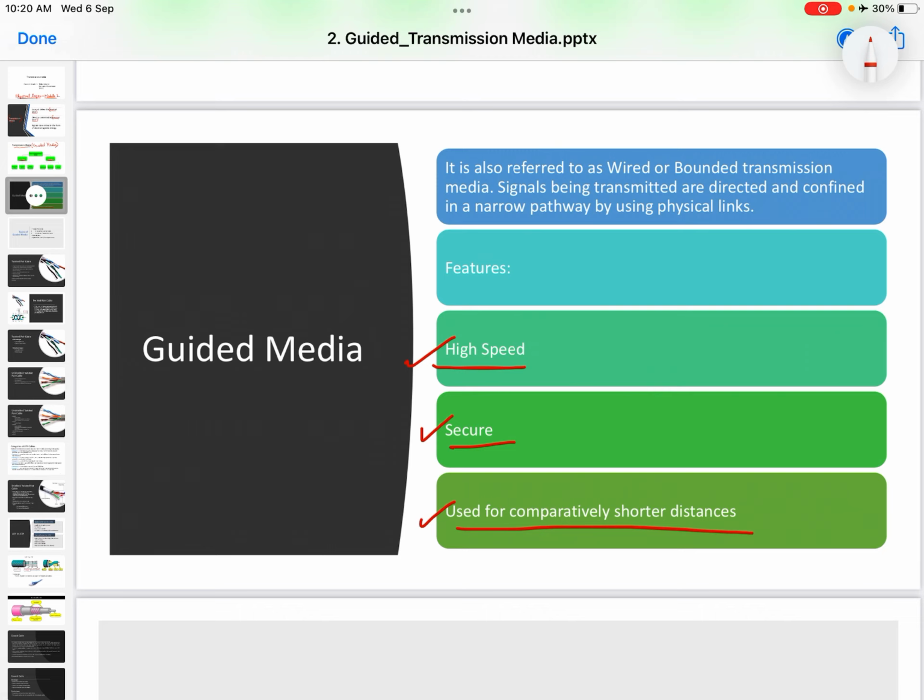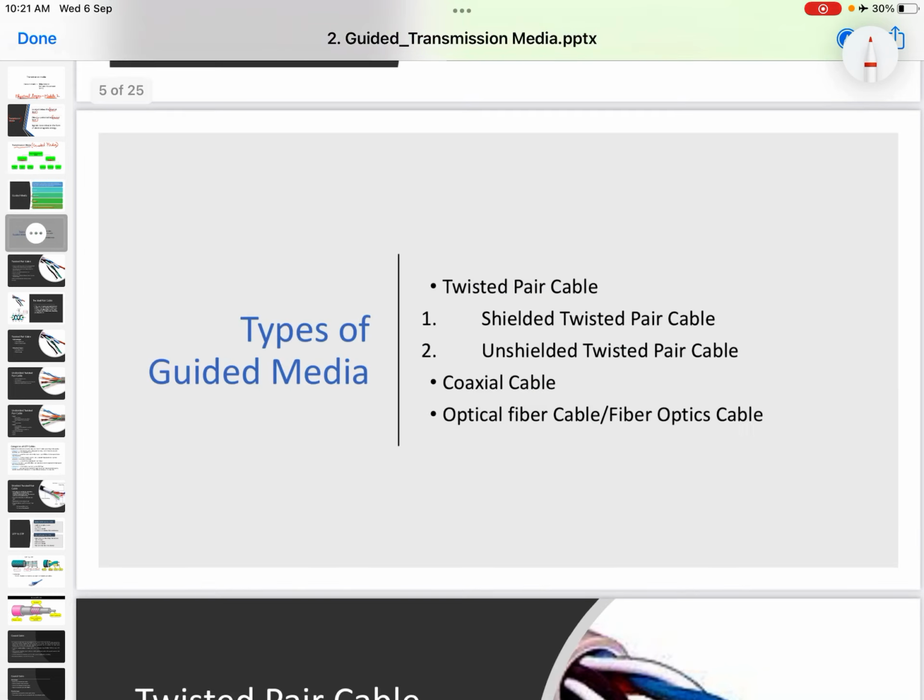So when you are transmitting signals, they are transmitted at high speed. They are secure signals, and it is comparatively used for shorter distances.